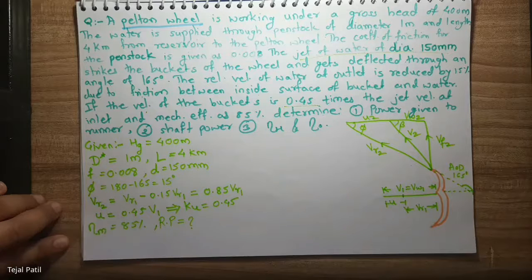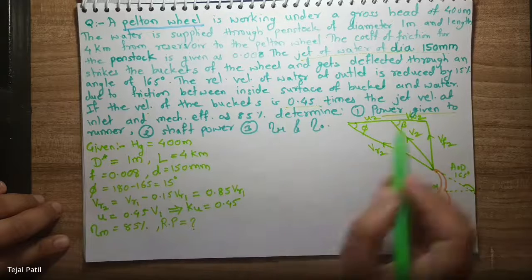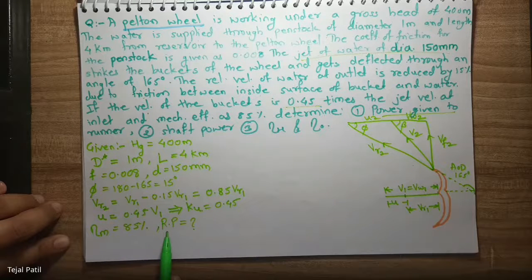But before directly coming to the runner, it is coming to the bucket first, and then after it is going to the runner. That's why power given to runner means RP. That means after developing the power on that bucket, it will be transferred to the runner. So that is what the RP is.